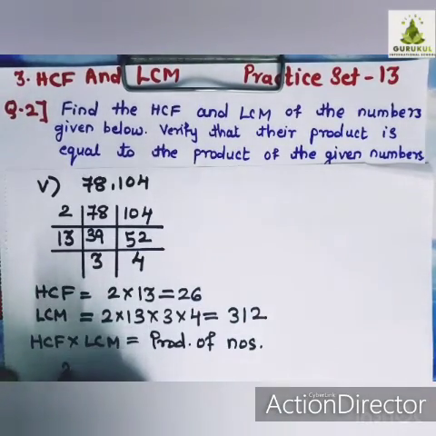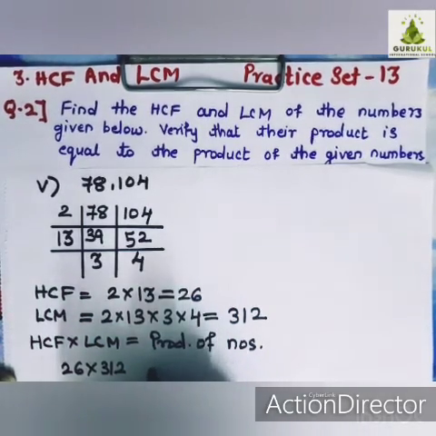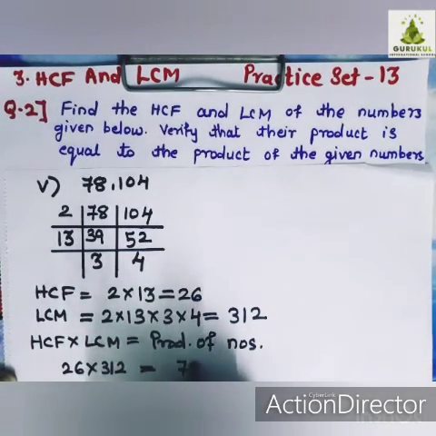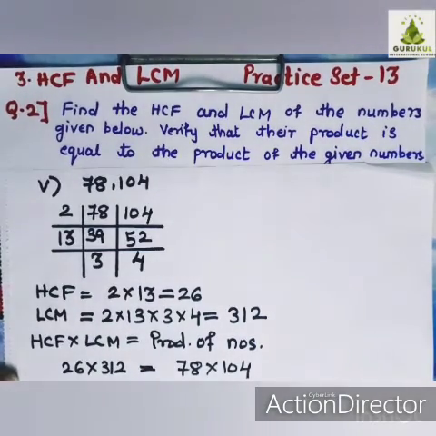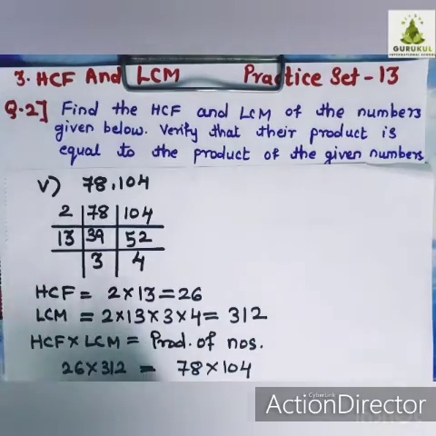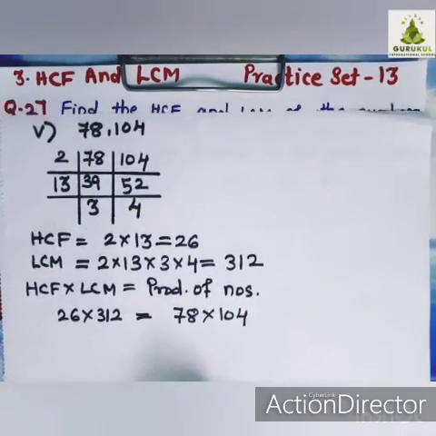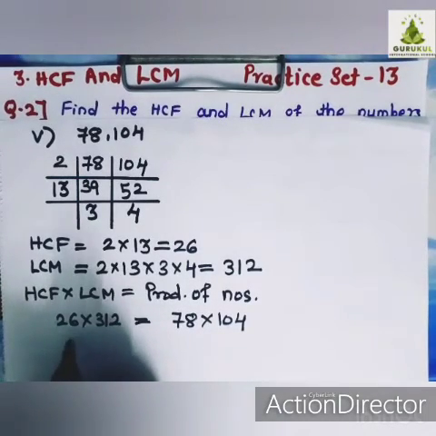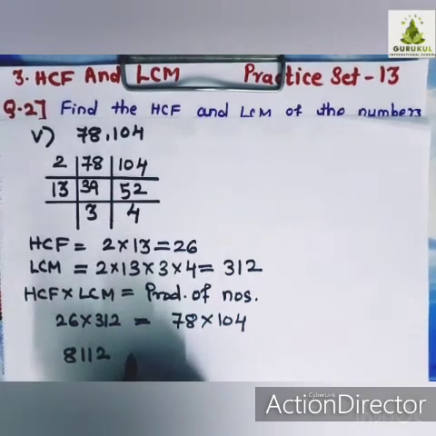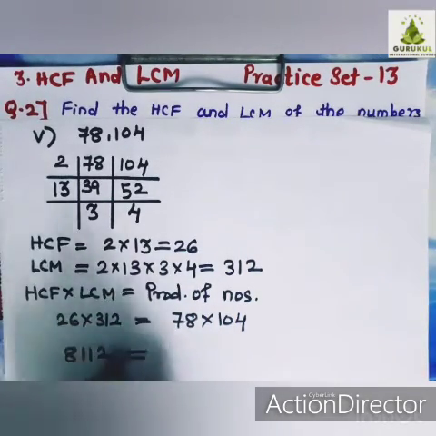What is this? 26 into 312 is equal to 78 into 104. Now if we do the multiplication for 26 into 312, correct? It will come 8112. I have already done it in the rough work. Okay, this I cannot do orally.